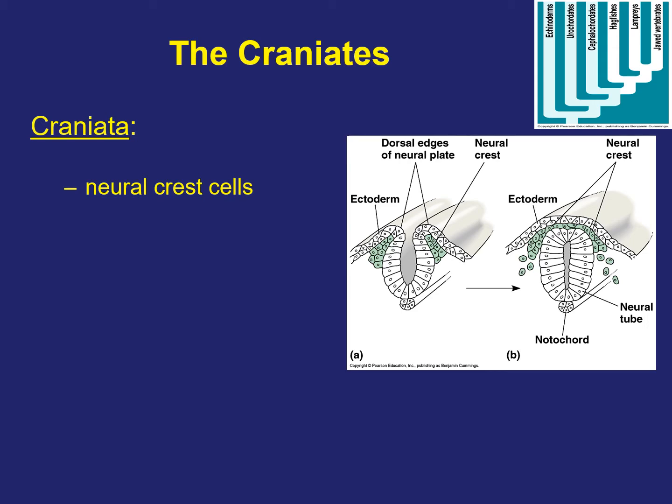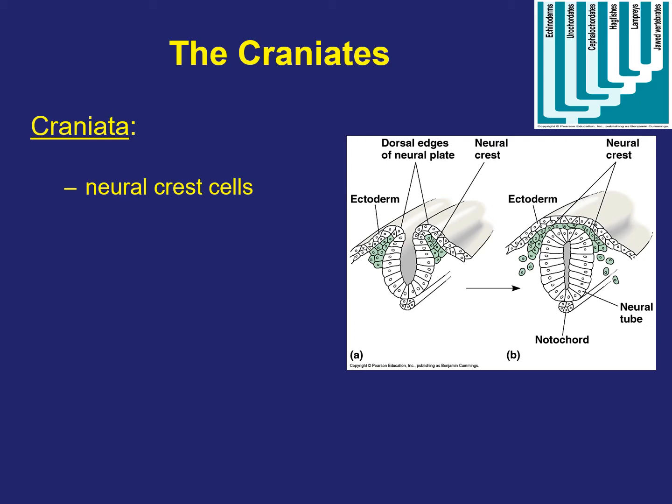So when you were a very early embryo, after gastrulation, we have this groove that develops along the back. Basically, the skin on the back folds in on itself and forms this hollow tube. And that hollow tube will become the spinal cord. It will swell at the front end, the anterior end, and give rise to the brain as well.